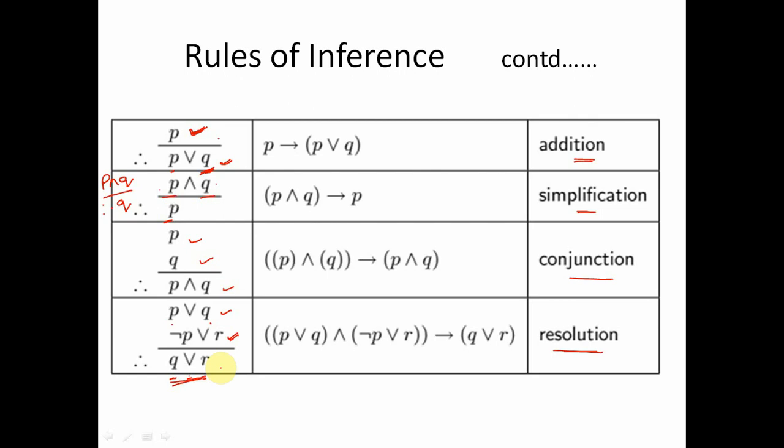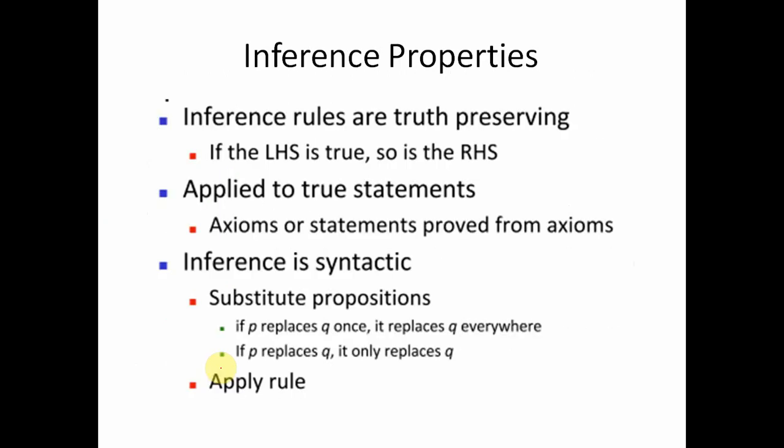Let's go into these rules with a little bit more detail. The inference rules are truth preserving. Truth preserving means if the left hand side is true, then the right hand side is also true. Let me show it to you. Say we write modus ponens: P, comma, P implies Q, the conclusion is Q. This is the left hand side and this is the right hand side.